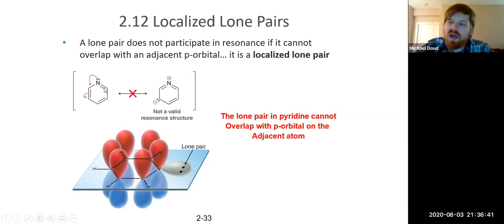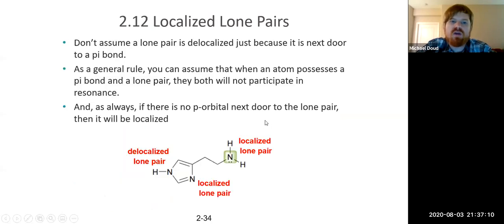And then we've got the pi bond from nitrogen to carbon in this case. So this lone pair can't be in an unhybridized p orbital because this nitrogen's unhybridized p orbital is already taken up. That means it's actually in an sp2 hybridized orbital, so it's not involved in resonance at all. It can't overlap. We're already using nitrogen's p orbital. So in this case, it's a localized lone pair. Just keep that in mind. It comes up every so often.